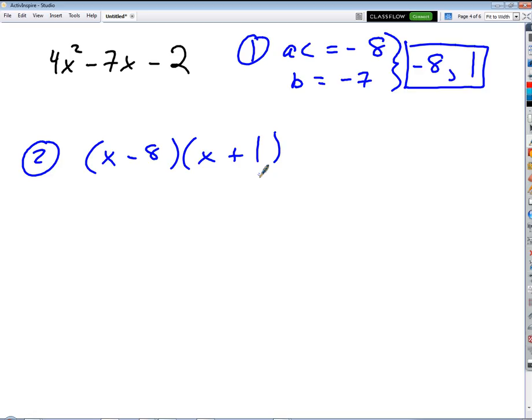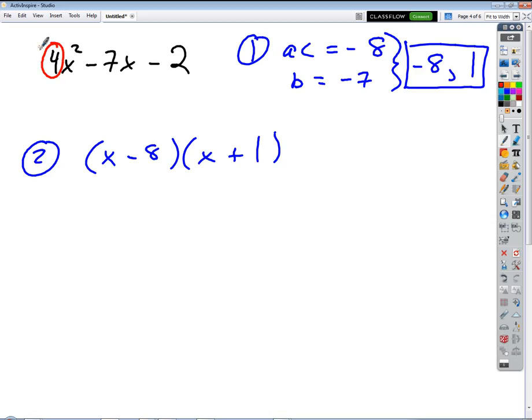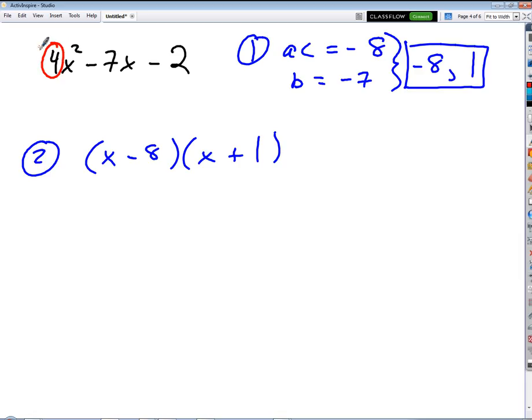Okay, step 3. Here's my hint on step 3. Okay, let's see here.